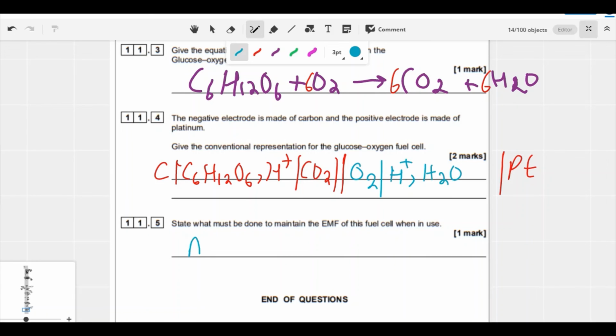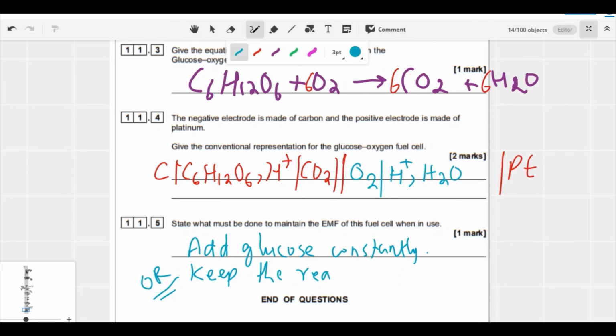So here I am going to write add glucose constantly, or keep the reactant concentration constant.